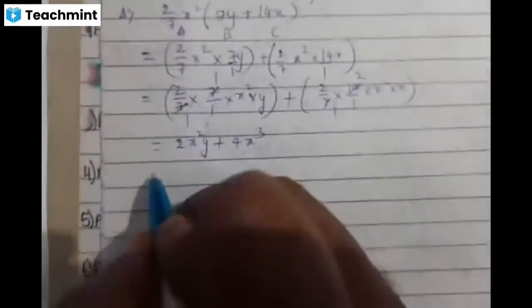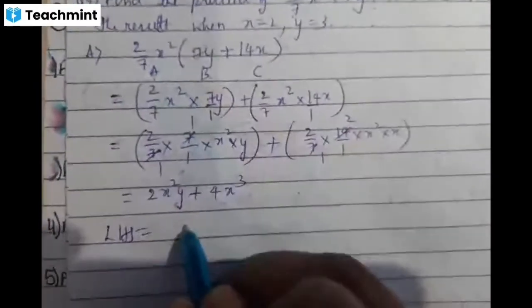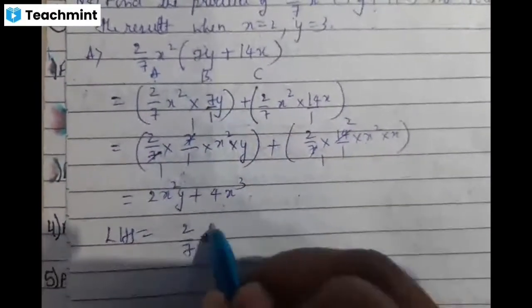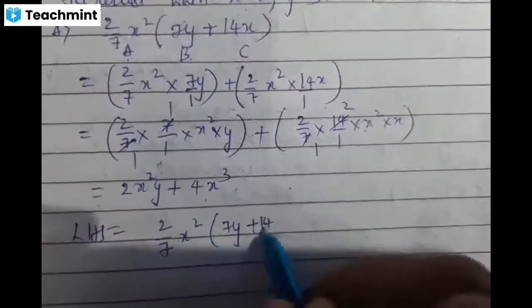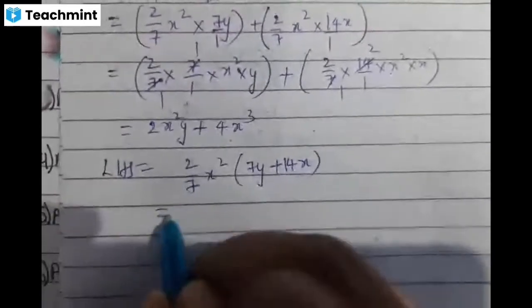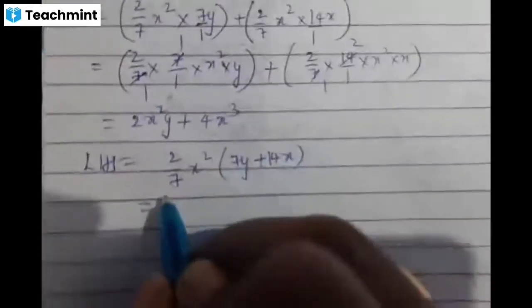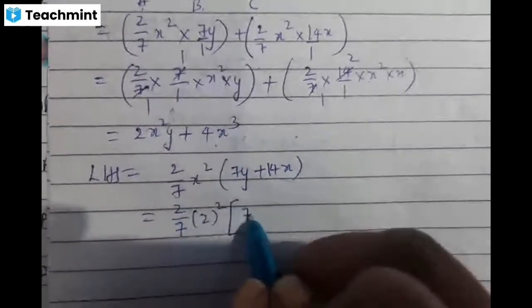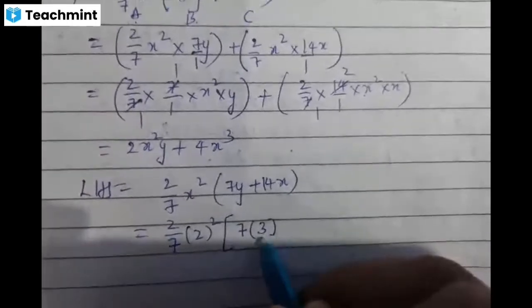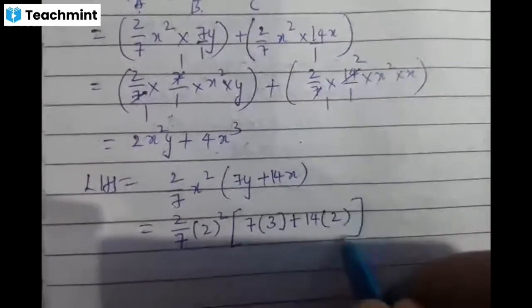Now consider LHS, children. Which is the LHS here? The question what we have is LHS. 2/7 x² into (7y + 14x). What is the value of x we are given, children? x is 2 and y is 3. So in place of x we are substituting 2 square, and in place of y we are going to put 3 plus 14, x is 2 again.